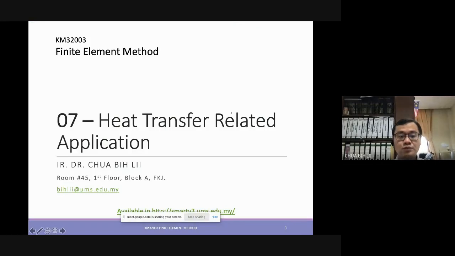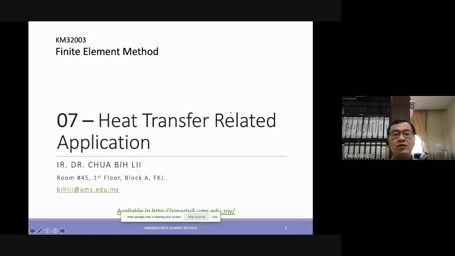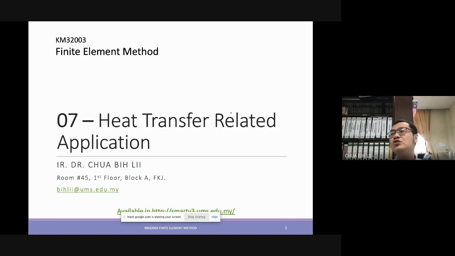Next we will see the applications. So far, what we needed to cover has been gone through, from the early ideas of what is FEA and FEM, then we talked about the software, the criteria, maybe the asymmetry, the symmetry, and other things that can be implemented in the FEA software.